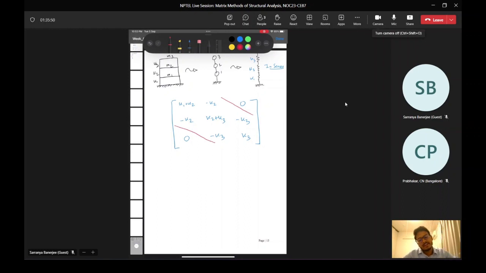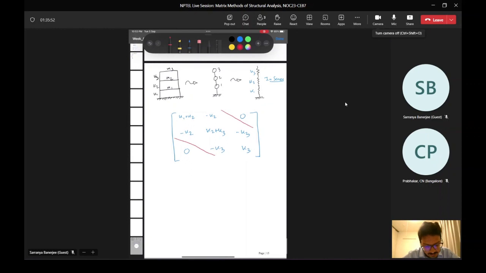This has a very important physical significance. Now everything comes to the stiffness matrix, right? The degrees of freedom associated with these are 1, 2, 3. The elements at 3,1 and 1,3 are 0. What does that signify?